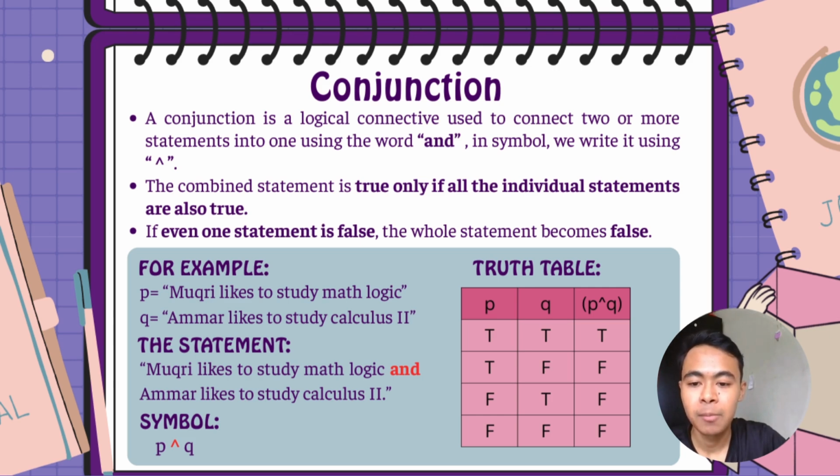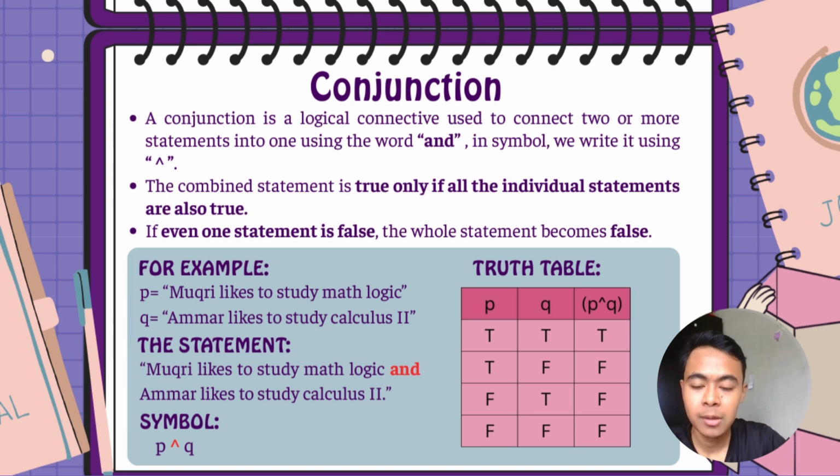For example, P equals Mukri likes to study math logic. Q equals Amma likes to study calculus 2. The statement: Mukri likes to study math logic and Amma likes to study calculus 2.